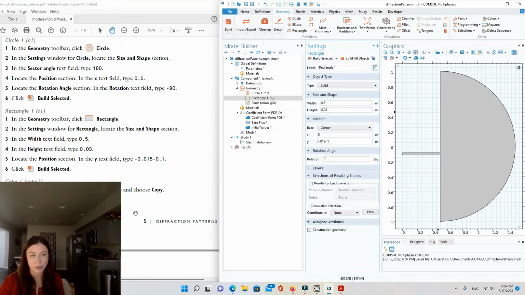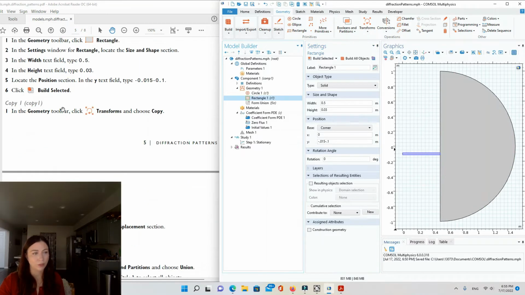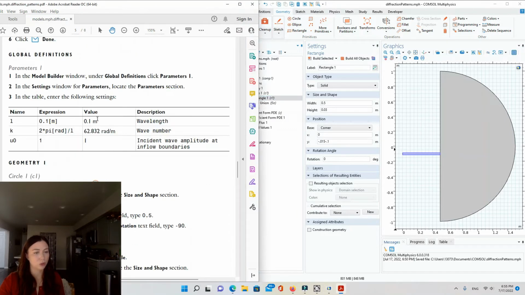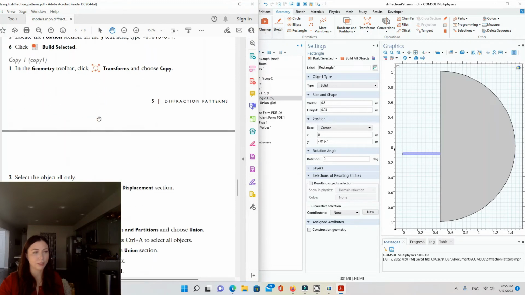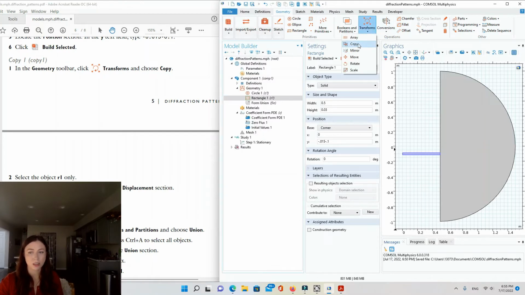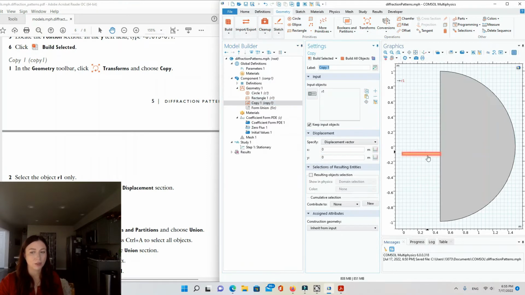Okay, build selected. So this is telling us to do it from transforms. In the geometry toolbar, click on transforms, copy, rectangle 1 is selected, and then in the settings window for copy, locate the displacement section. So we've got to highlight our input objects.